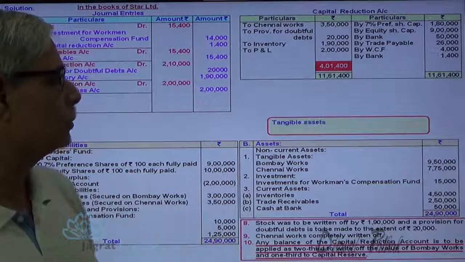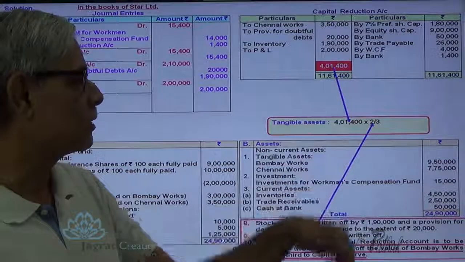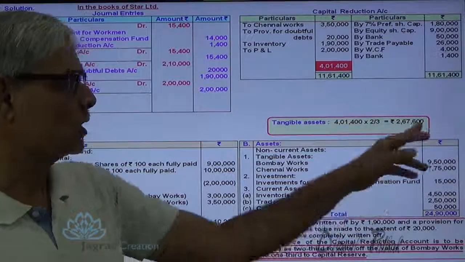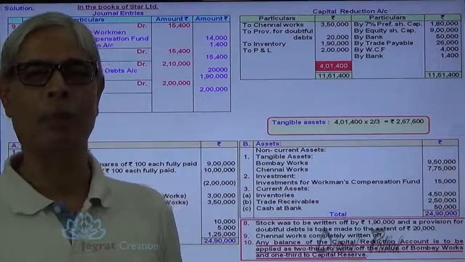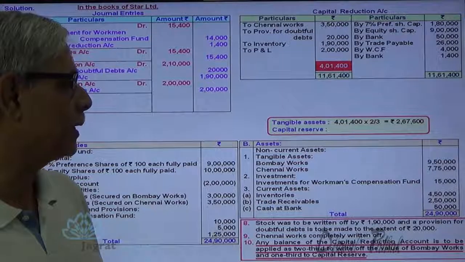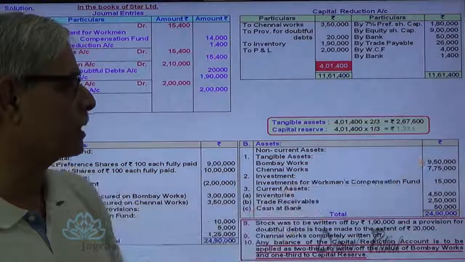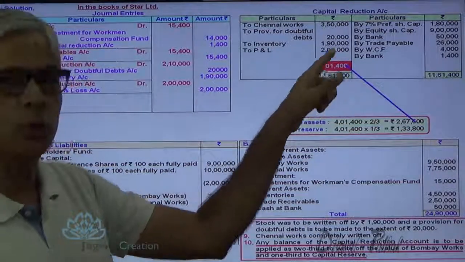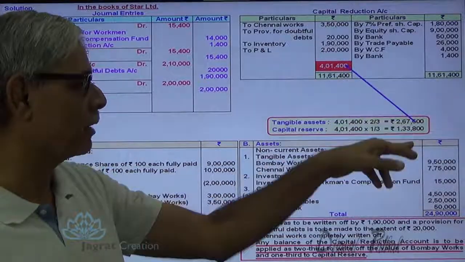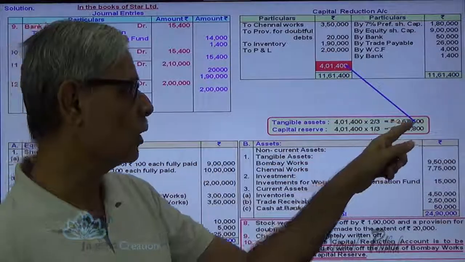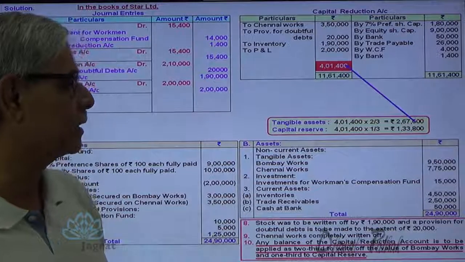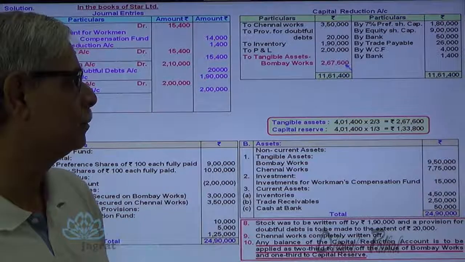So 4,01,400 into 2/3. So this is the amount to be applied to write off Bombay Works, and the remaining 1/3 will be transferred to capital reserve account. So 4,01,400 is bifurcated into these two numbers: 2,67,600 and 1,33,800.